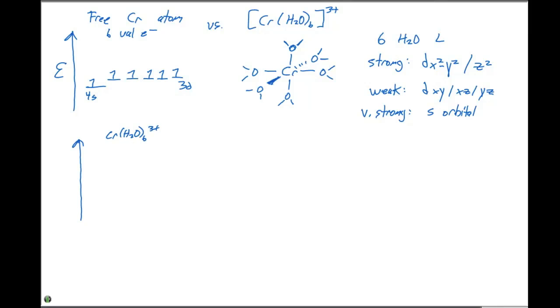So if we now look at an energy diagram for Cr(H2O)6 3+, the strongest interaction here is the 4s orbital. So it's going to be repulsed the farthest, which means it's going to be the highest in energy. The next strongest interaction is going to be the dx squared minus y squared and the dz squared.